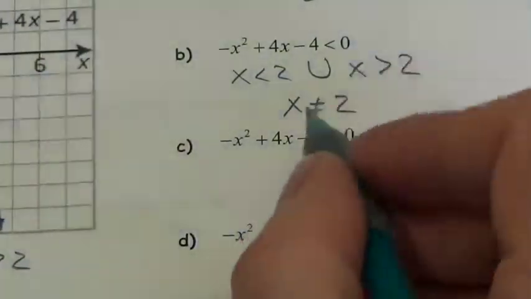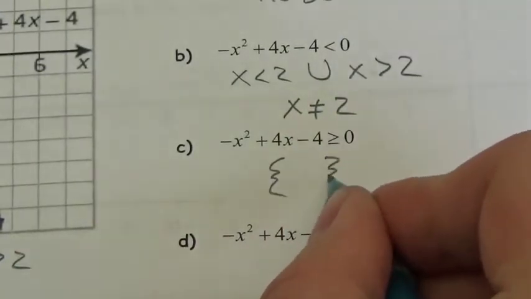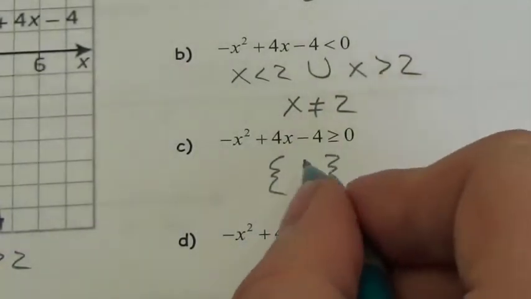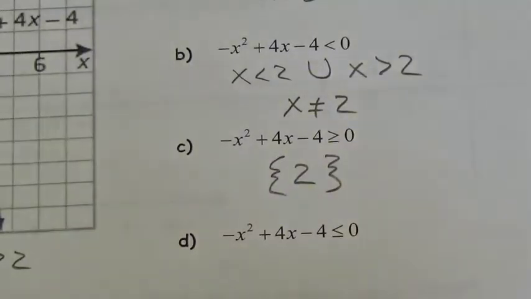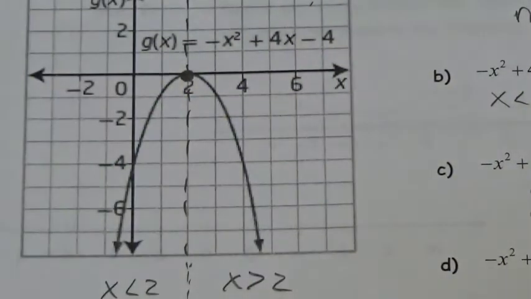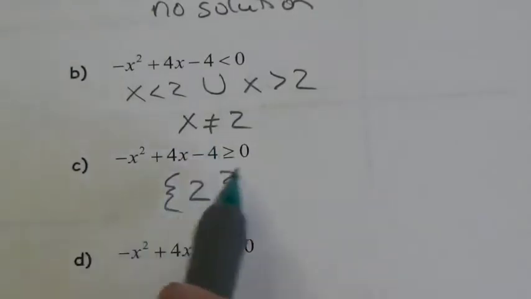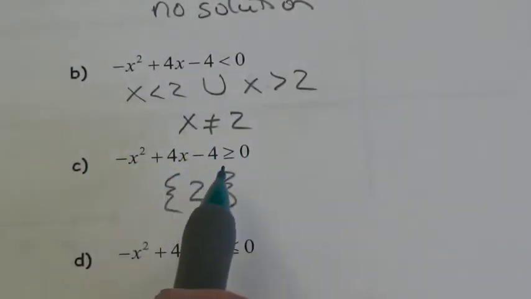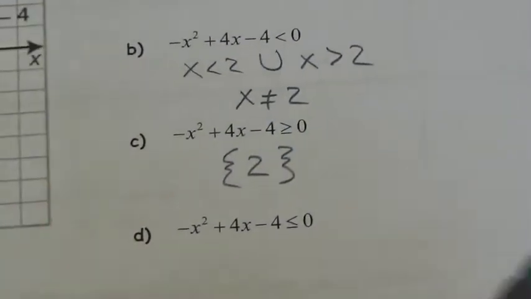So this is kind of weird. And maybe it would be better for me to put it in set notation, but it's just the number 2. That's it. Kind of a weird answer. But when x is equal to 2, that's the only place that satisfies this particular inequality. It's only because of the "or equal to" 0. When you plug 2 into that equation, it becomes 0.